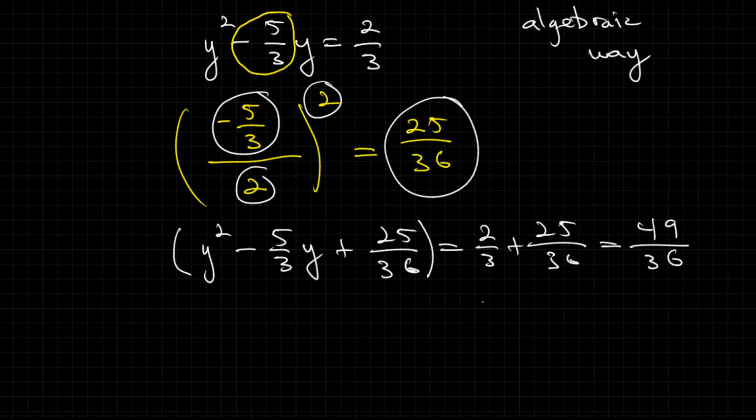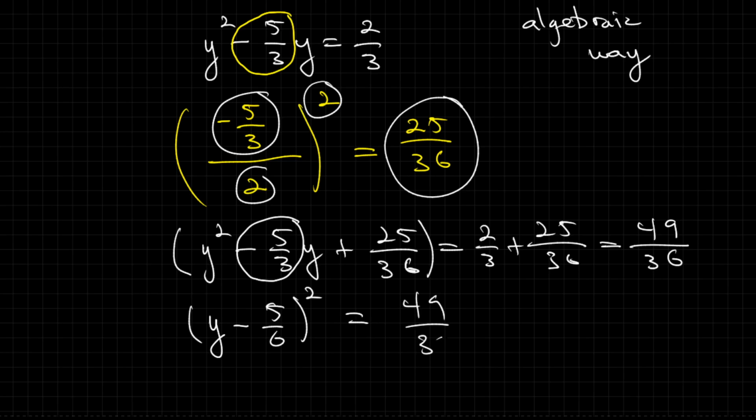And what that means is that every single time the left-hand side will be able to be factored as y, and you take this and divide it by 2, so that would be y minus 5/6 squared. And of course that will be equal to 49 over 36. If you add the correct thing to both sides, this will happen every time.